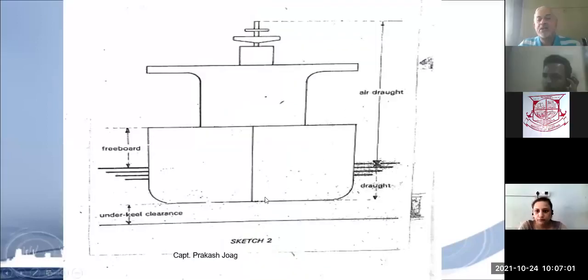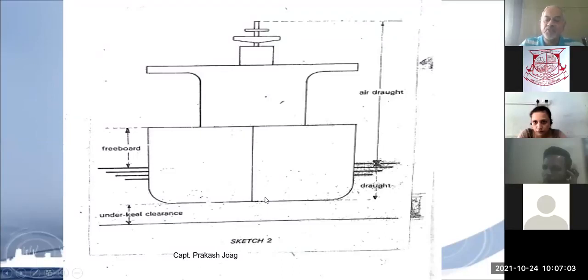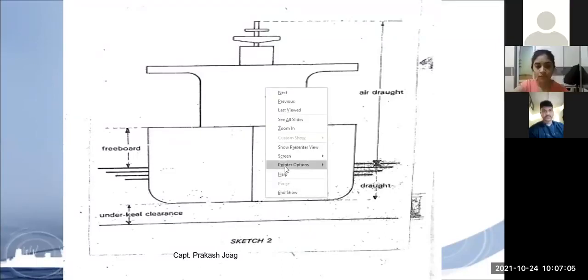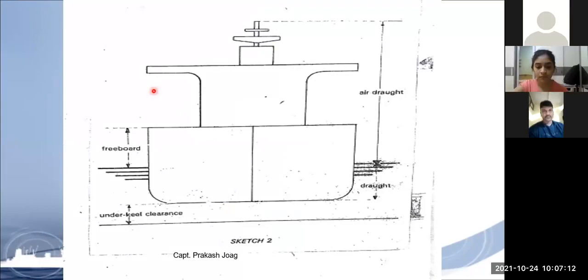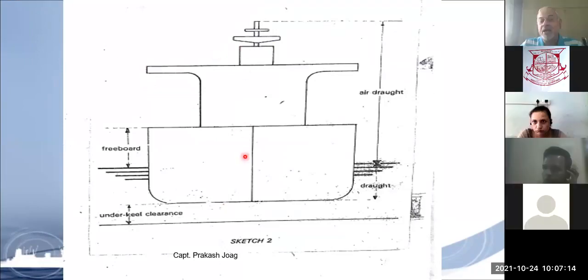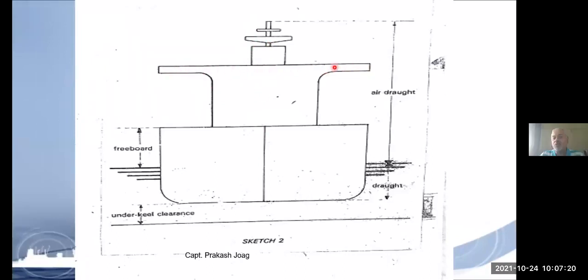We are seeing a cross section of a ship. Here we are able to see the ship from the stern, the after part of the ship, and the ship is cut at the middle, and this is how it will look. This is the accommodation. These are the bridge wings, this is the monkey island, and this is the radar mast.